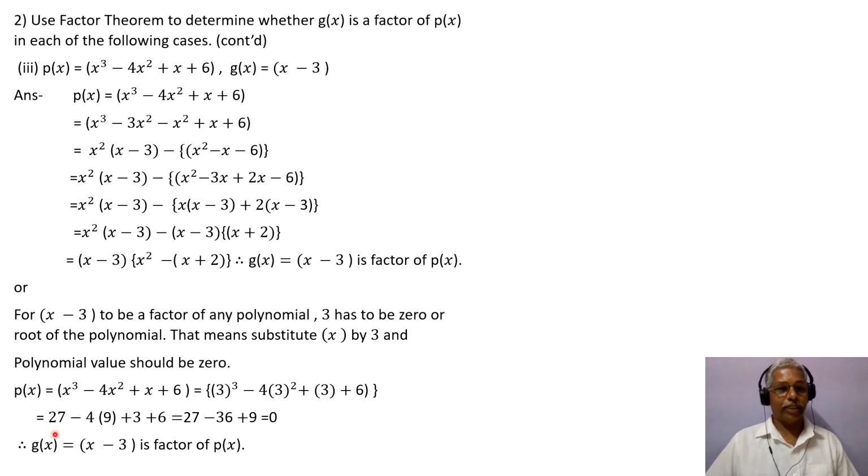So this is 27 minus 4 into 9, which is 36. Coming to it directly here, this is 27 plus 9 is 36, minus 36 is 0. So we are getting that x minus 3 is a factor of Px by this method also. So try some problems.